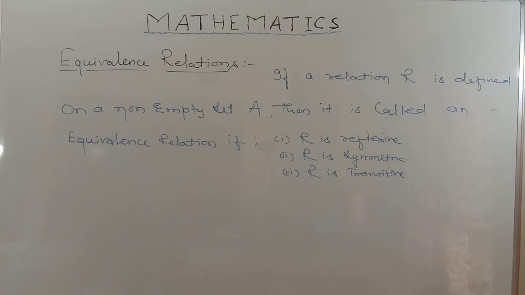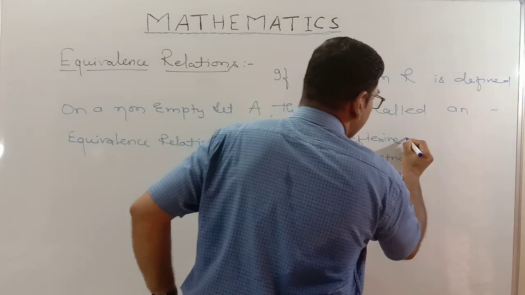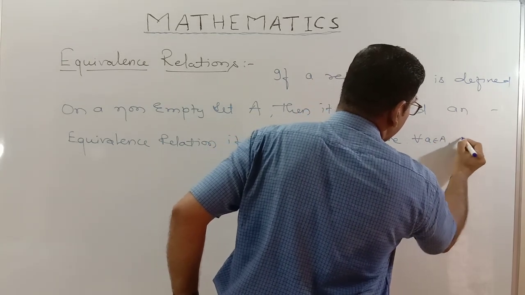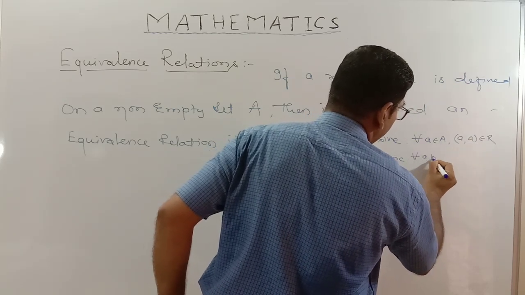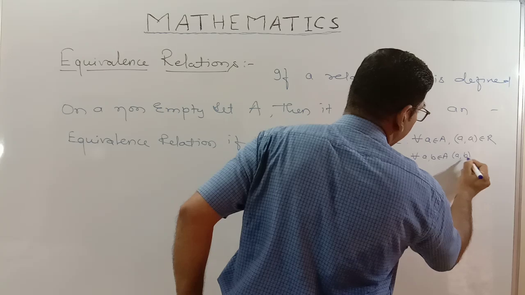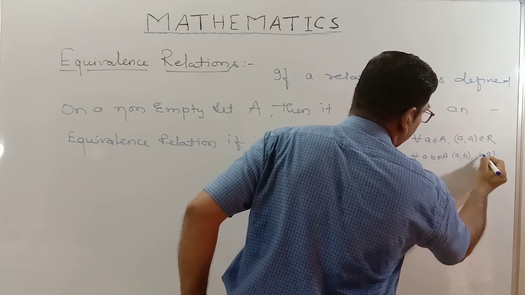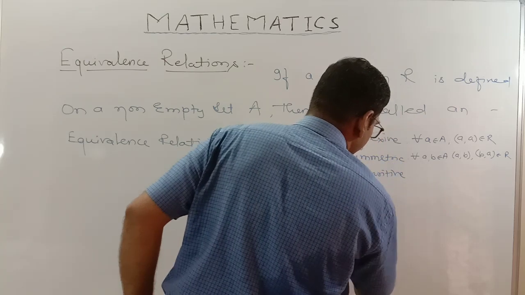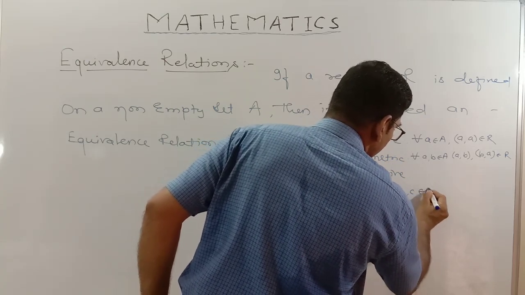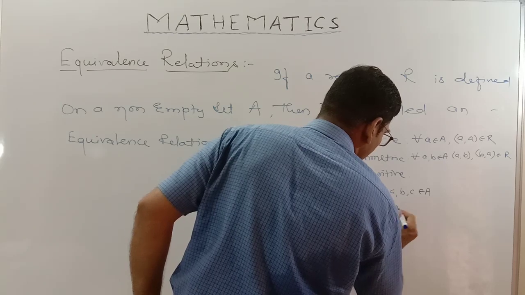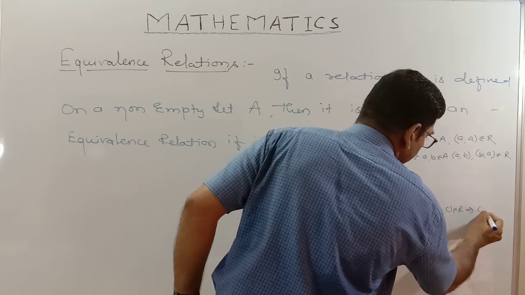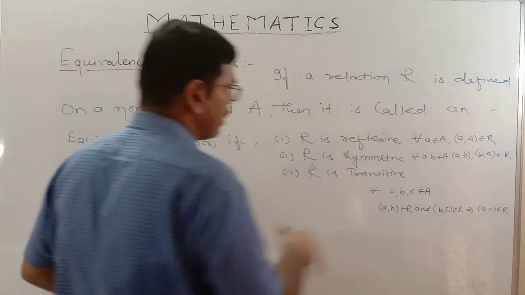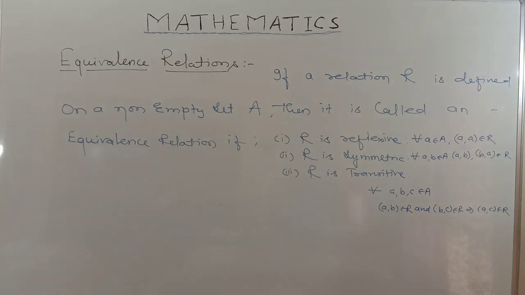Further, you know very well, reflexive means for all A belongs to A, (A, A) belongs to R. For all A, B belongs to A, (A, B) and (B, A) both belong to R, and for all A, B, C belongs to A, if (A, B) belongs to R and (B, C) belongs to R, it implies that (A, C) belongs to R. You know the meaning of these very well.